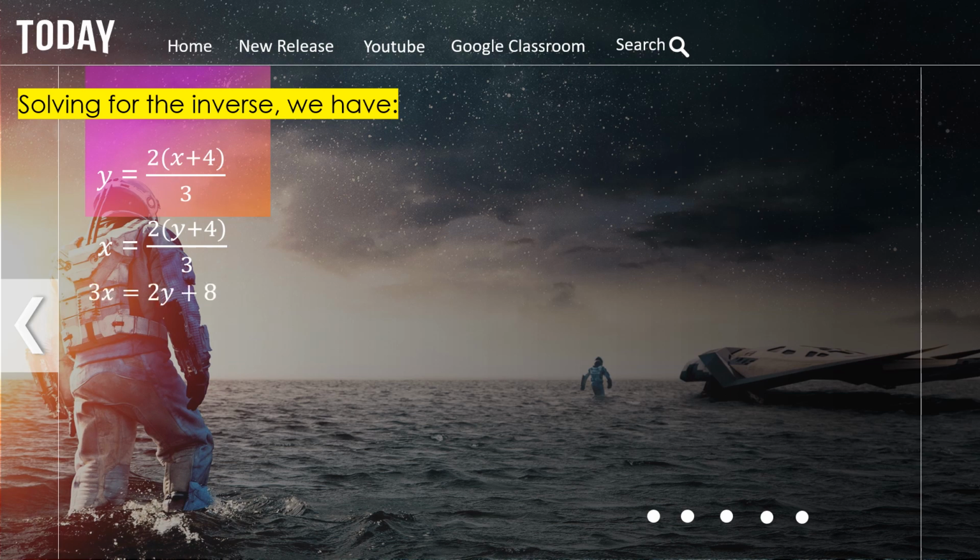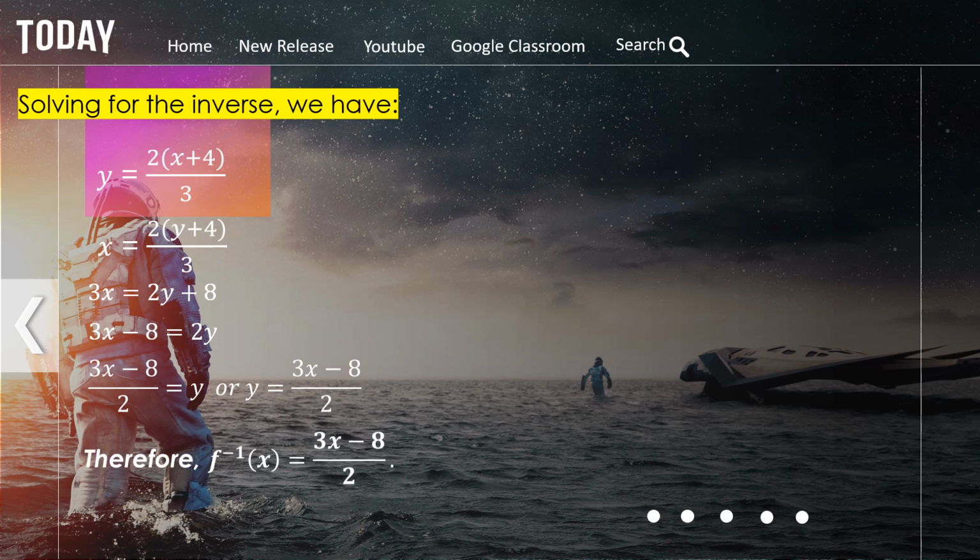Now we multiply both sides by 3, and that will give us 3x is equal to 2y plus 8. Simplify. So we have 3x minus 8 is equal to 2y. Therefore, y is equal to (3x minus 8) over 2. So that would be the inverse of the function f of x is equal to 2 times (x plus 4) over 3.